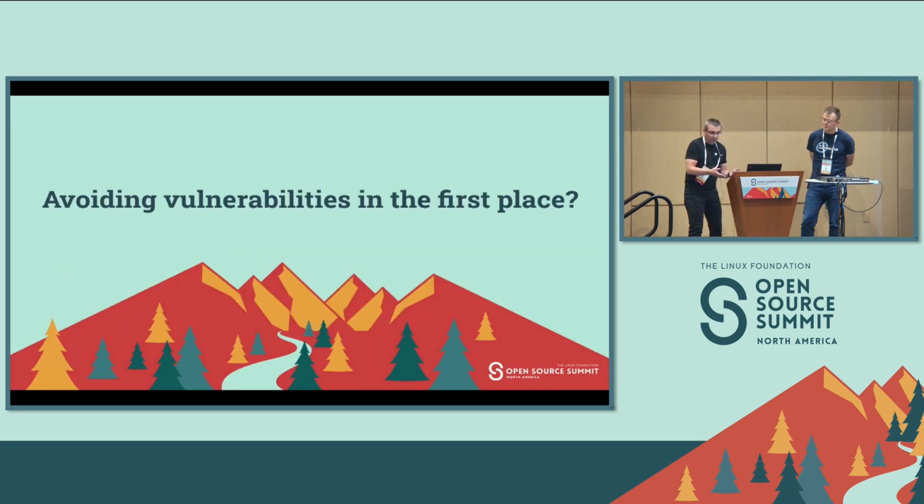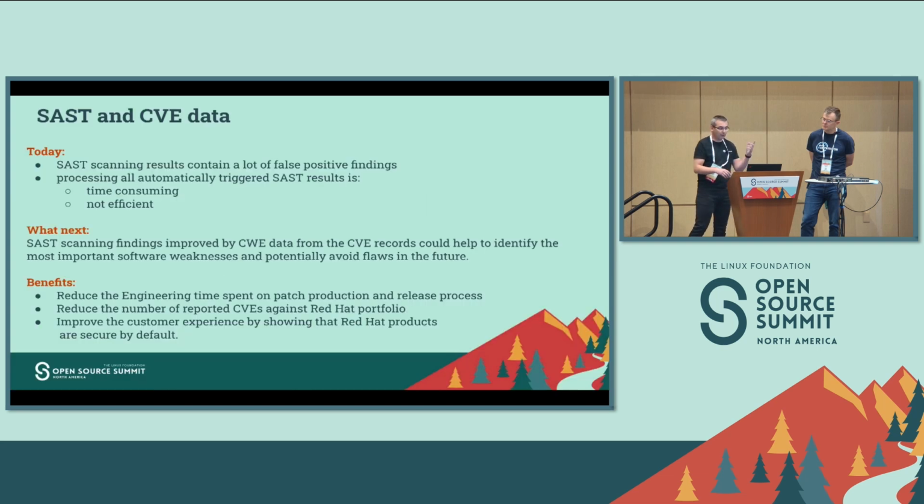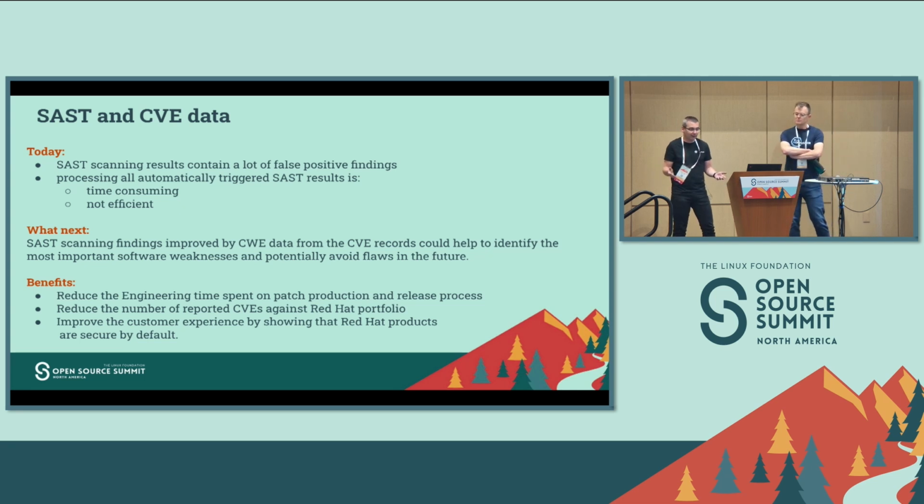How about avoiding vulnerabilities in the first place? Here we have our SAST task, where we generate a huge amount of data. As an example, in Red Hat Enterprise Linux 10, we have 2,100 RPM packages.